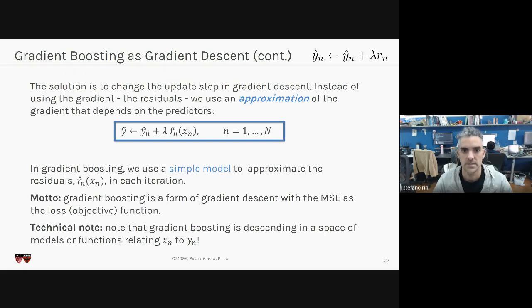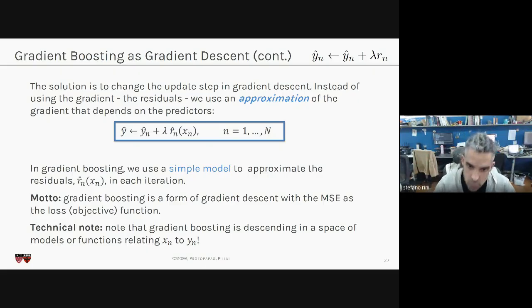So what we want to do instead is change the update step in the gradient descent. Instead of using the gradient, we can use an approximation of the gradient that depends on the predictors. So we can have lambda hat n plus one equal to lambda hat n plus lambda times the residual at step n, estimated as a function of xn.